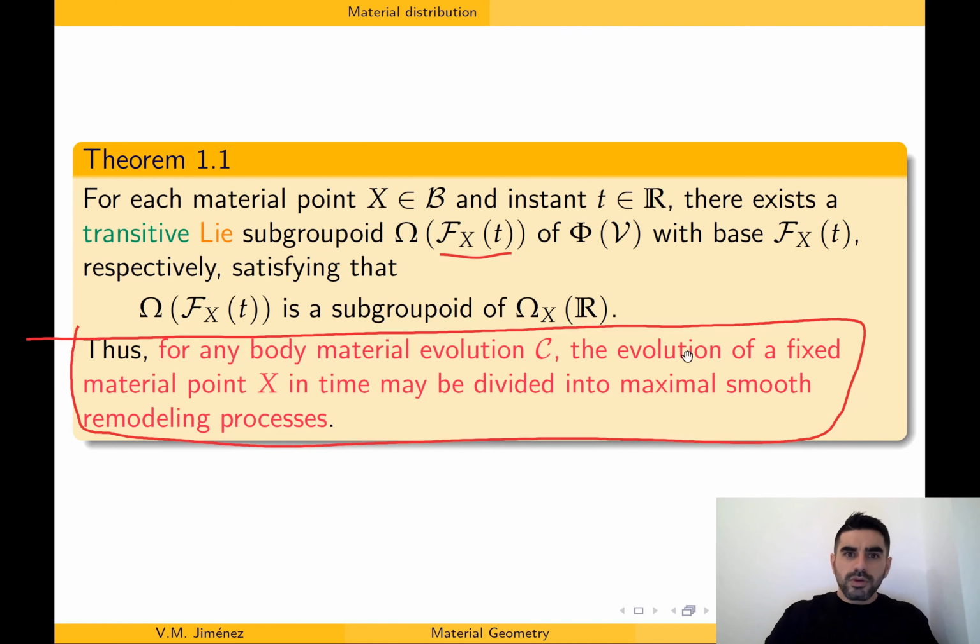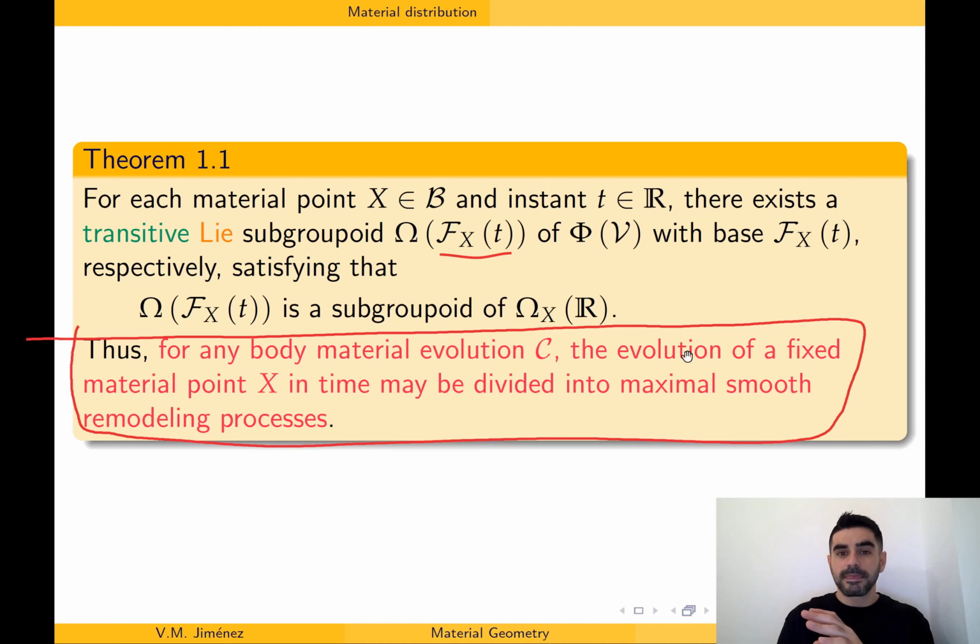So you can take whatever evolution you want, and I can ensure you that I will be able to divide the time into pieces which are a smooth remodeling. The important part here is that this division is in fact a foliation, which has important geometrical consequences, and it is maximal in the sense that there is no other foliation which is coarser and satisfies this property.